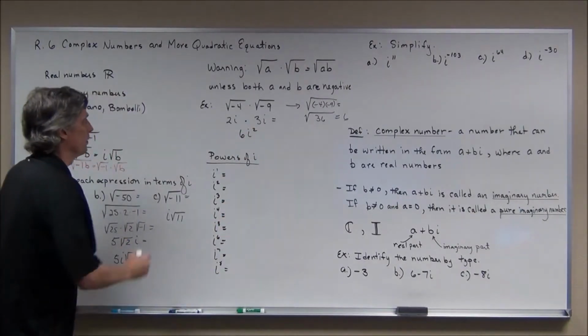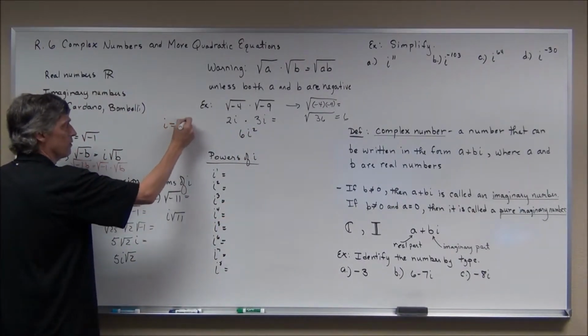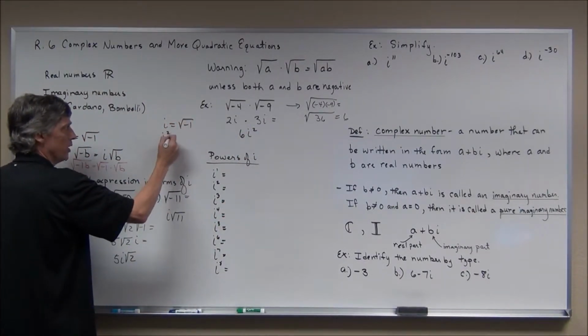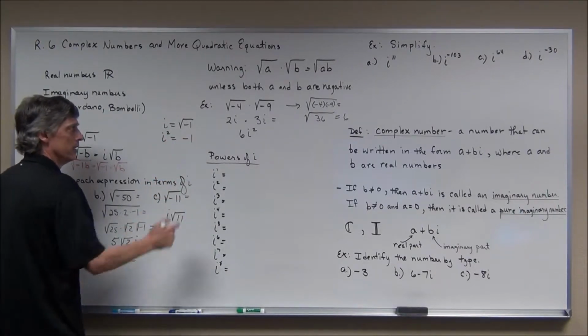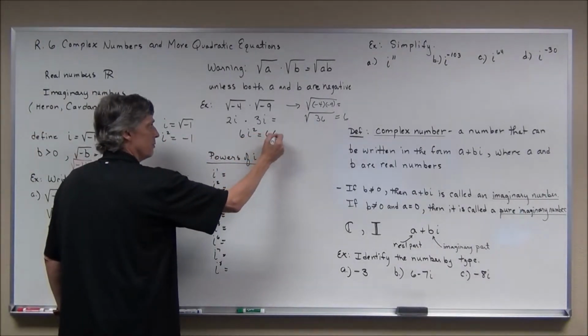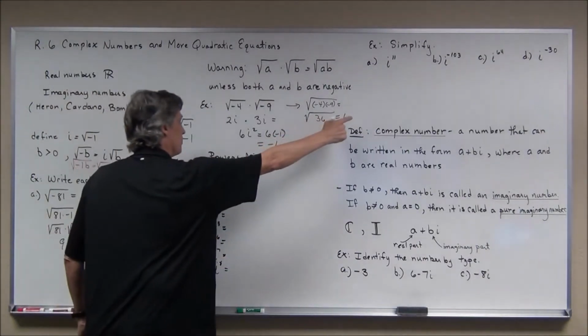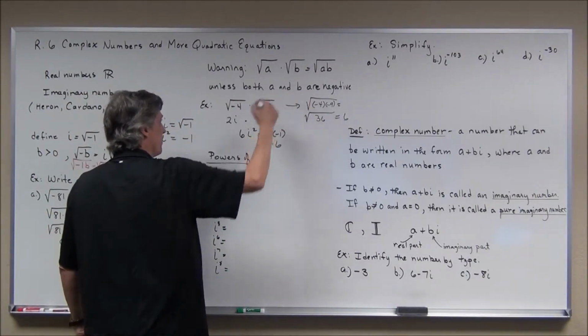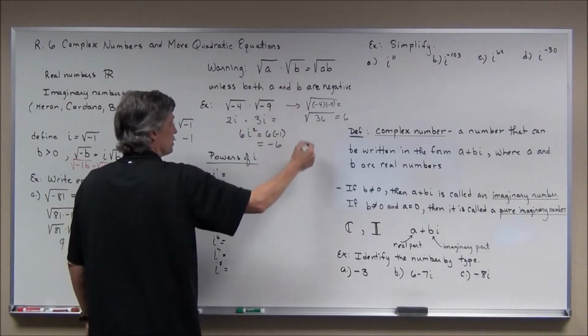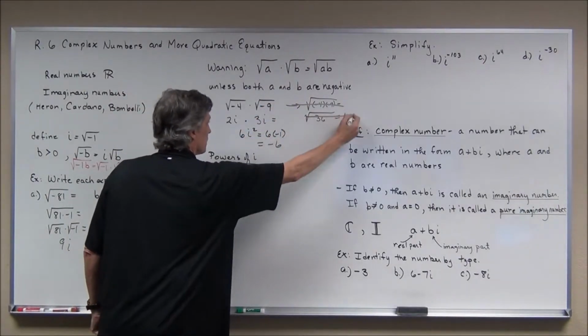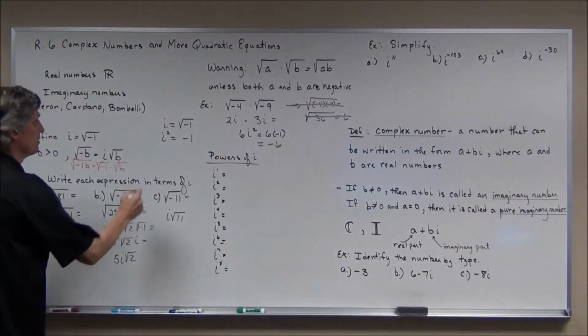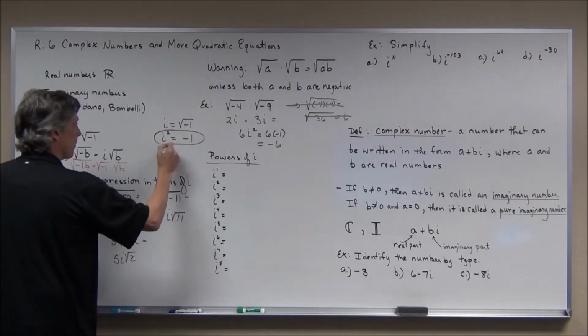Now what would i squared be? Well, if i is the square root of -1, i squared would be -1. So this becomes 6 times -1. This is -6. Not the same thing. So that's why both a and b cannot be negative if you want to use this property. This is false over here. This is a really important thing to remember.